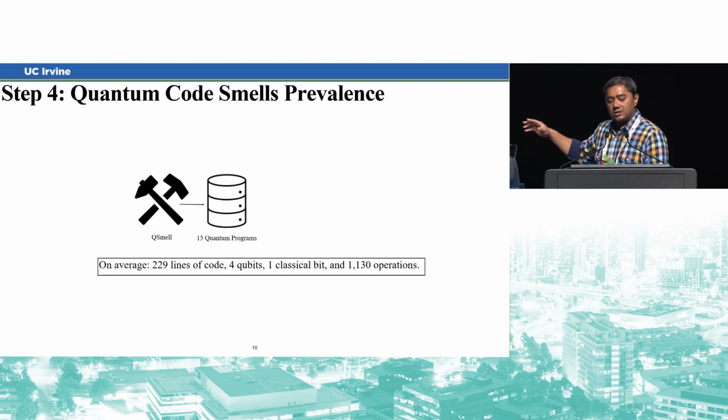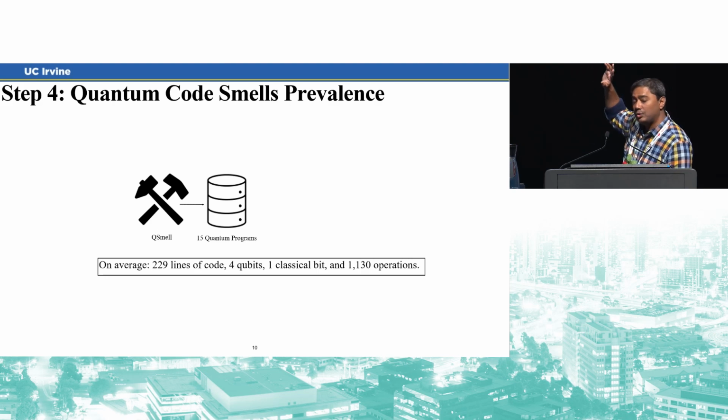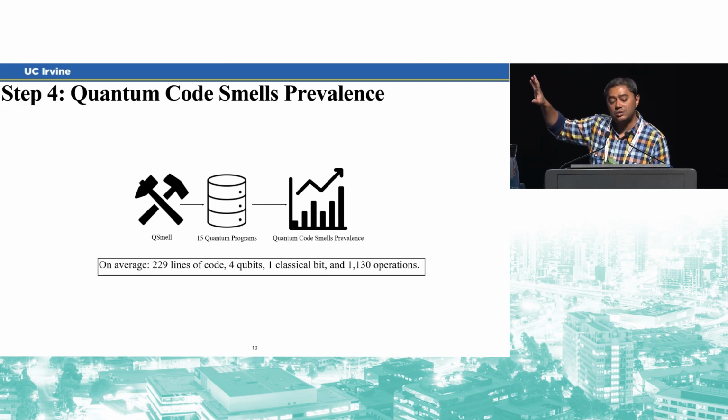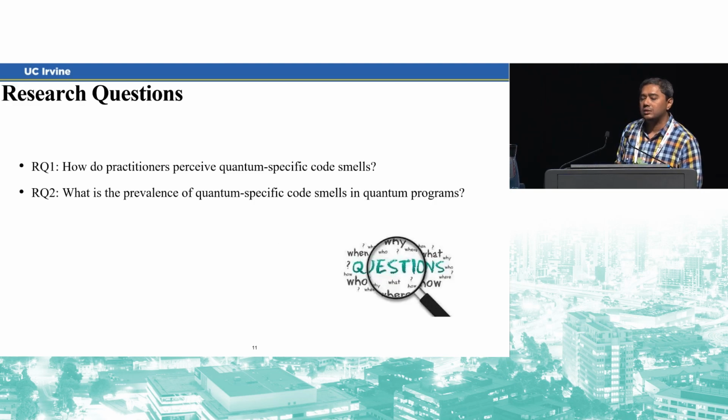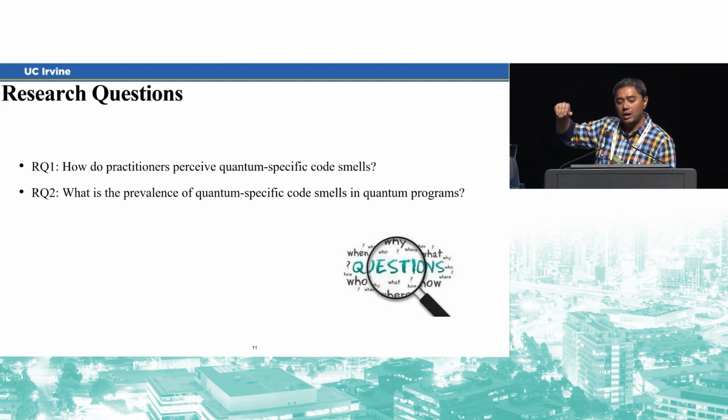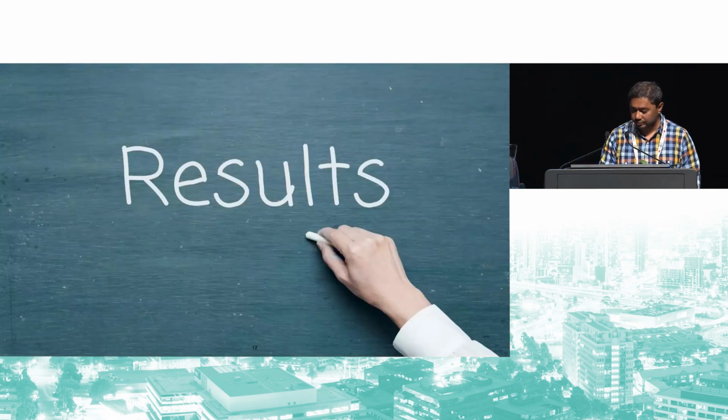The quantum programs that we ran our tool on, the 15 that we had set aside, on average had 229 lines of code for qubits and 1130 operations. So these are the two research questions that we were then able to answer: how do practitioners perceive quantum code smells, and what is the prevalence of quantum-specific code smells in programs.